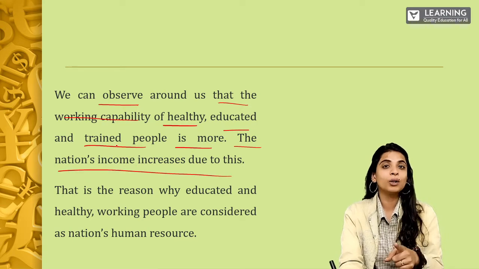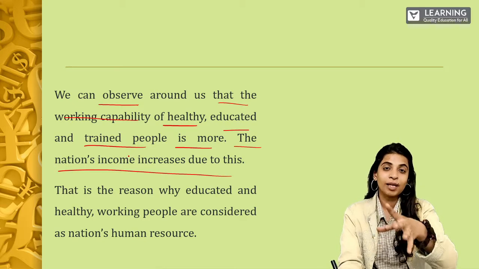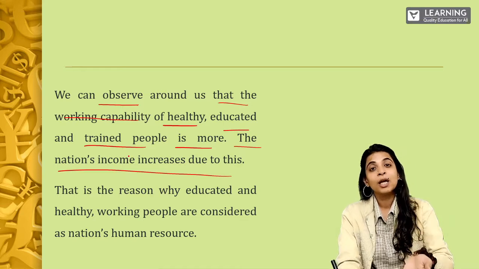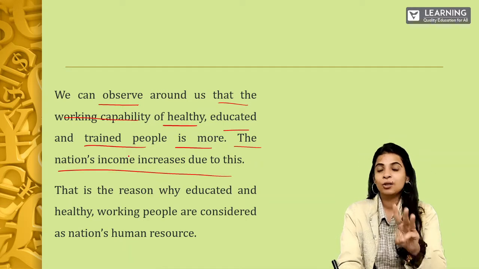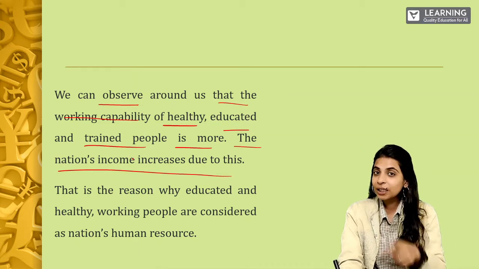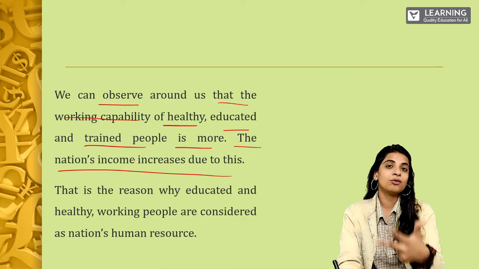So if you want to increase the nation's income, suppose tomorrow you get the opportunity of getting into a government sector where you have to work for the upliftment of society, for growth and economic development, then remember these three aspects and work only on them. What are these three aspects? Healthy, educated and trained people.